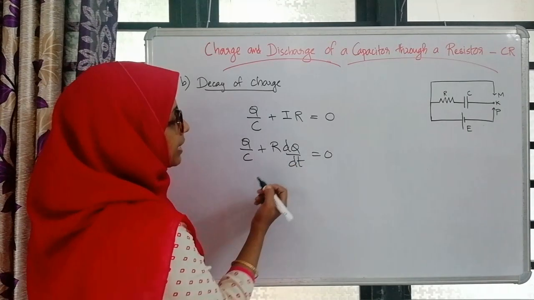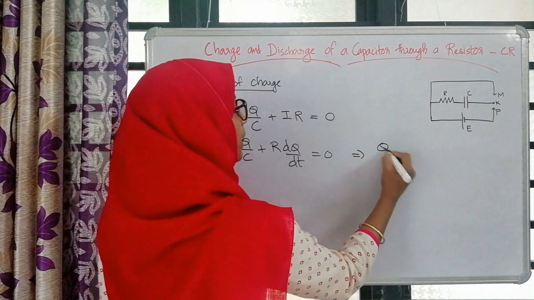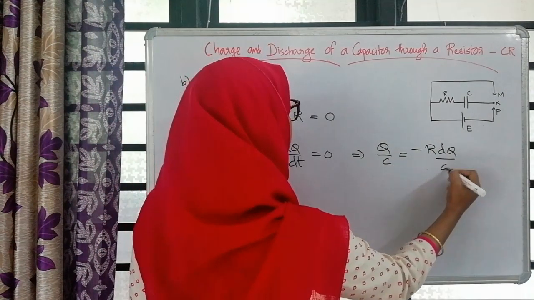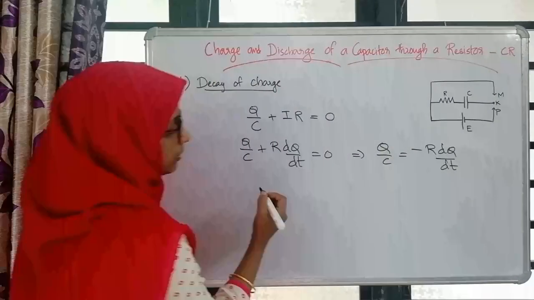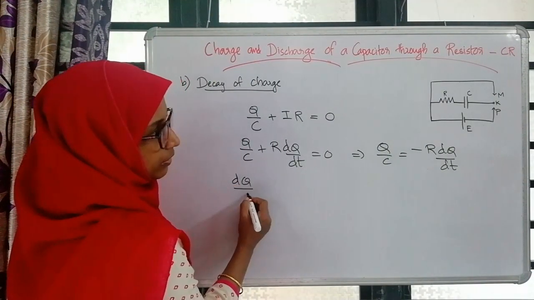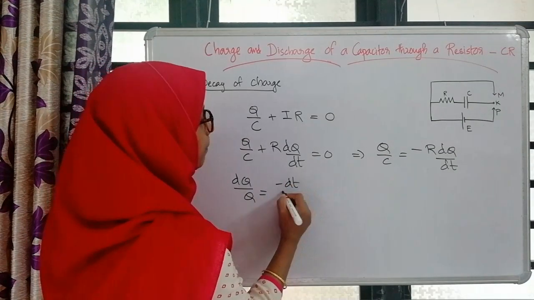We can rearrange as in the previous case. That implies Q by C is equal to minus R dq by dt, and that is dq by Q is equal to minus of dt by CR.